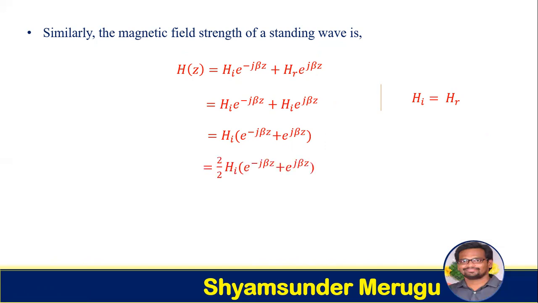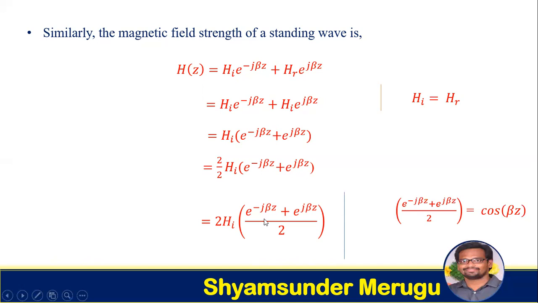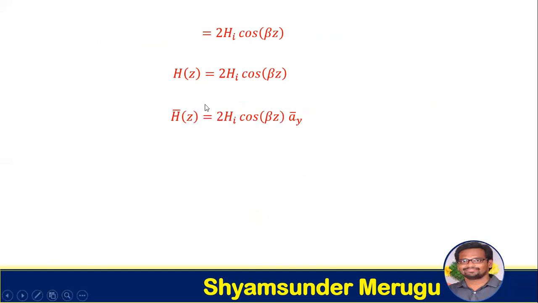Multiplying and dividing with 2, we get 2H_i of (e^(-jβz) + e^(jβz)) over 2. And we know that (e^(-jβz) + e^(jβz)) over 2 can be written as cos βz. Substituting that, we get 2H_i cos βz, which is equivalent to H(z). Now writing this in vector form, H̅(z) is equivalent to 2H_i cos βz a̅_y.